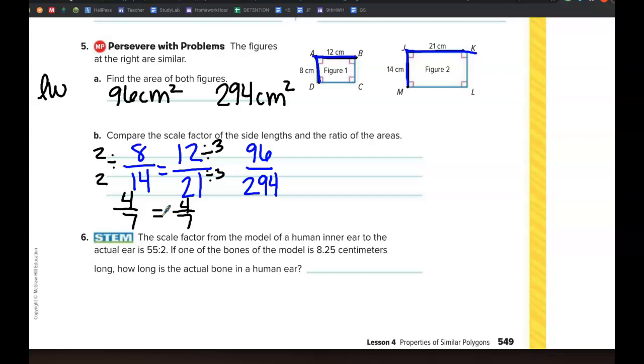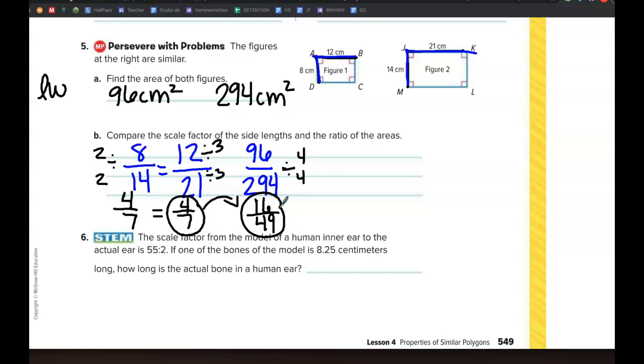And then if I simplified this one by 4, I would get 16 over 49. And they want to know, how does this ratio compare to this ratio?